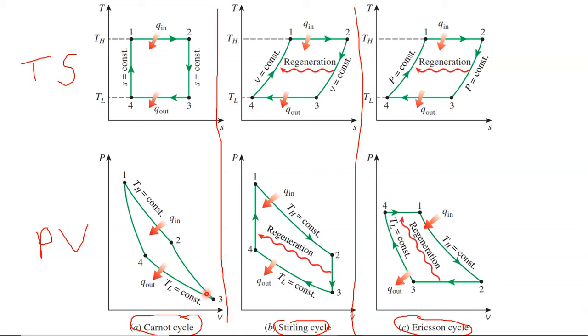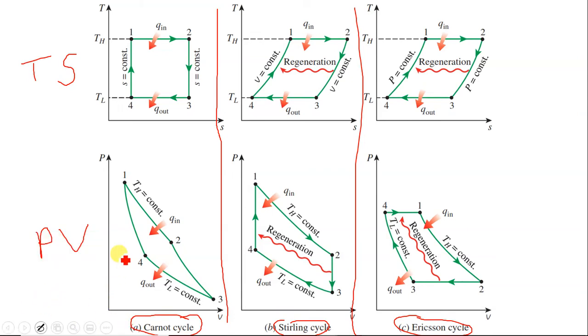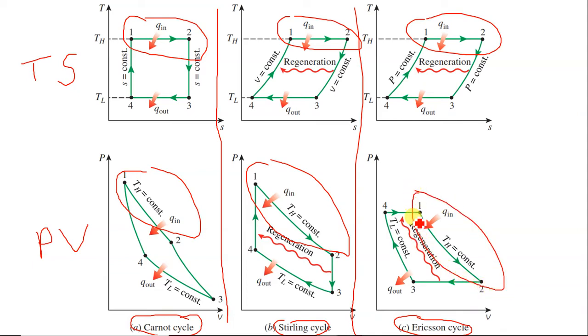Now if you consider the Carnot, Stirling and Ericsson cycles, what is the similarity that we will see over here? You can see this process 1 to 2, this process 1 to 2, this process 1 to 2. Here also 1 to 2, 1 to 2 and 1 to 2. This is the same.